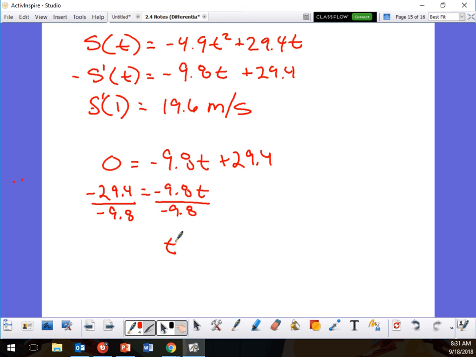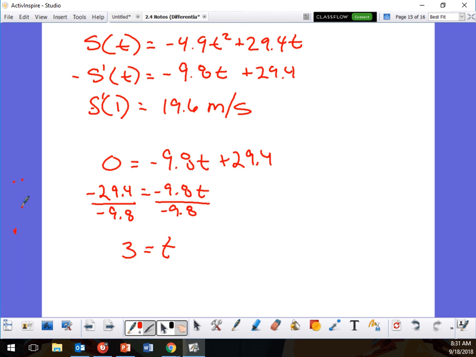So t is about 3, or is it exactly 3? Exactly 3. Oh, okay, all right. So t equals 3. When t equals 3, that tells me the time at which this thing is finally going to hit its maximum height.